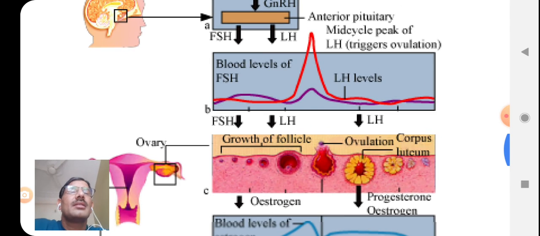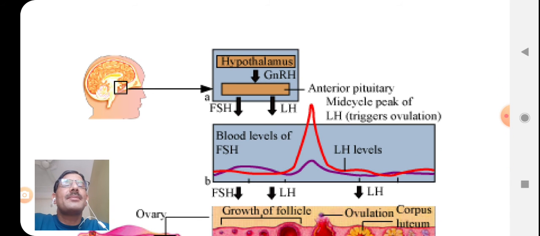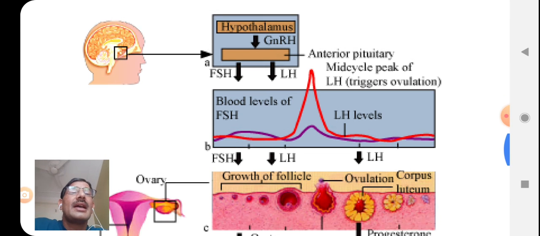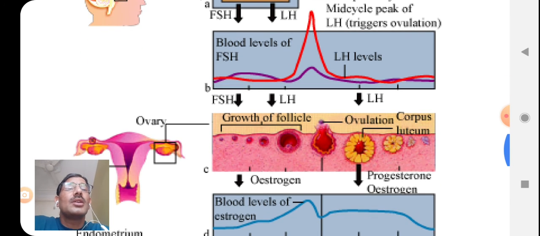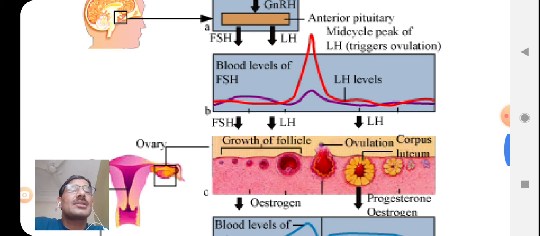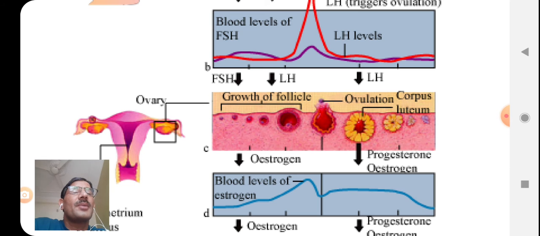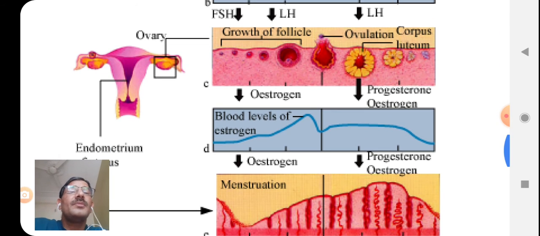Menstrual cycle, diagrammatically: the hypothalamus releases GnRH, that is gonadotropin releasing hormone, which stimulates the anterior pituitary to release two gonadotropins called FSH and LH. FSH causes the growth of follicles, and LH causes ovulation and further maintenance of the corpus luteum and release of progesterone from the corpus luteum.